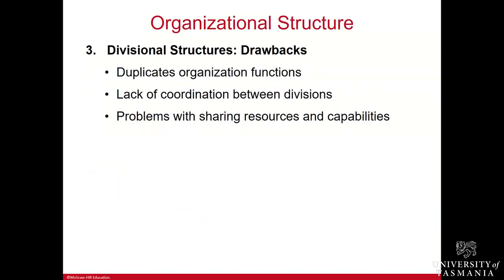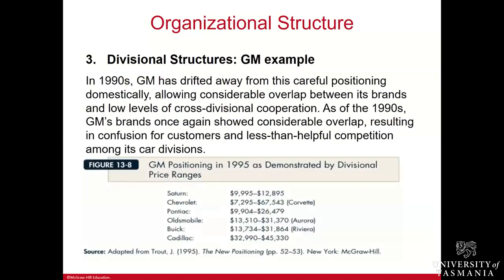And there are some drawbacks in divisional structure as we listed for the other models as well. It duplicates organization functions. Then it can be costly. And lack of coordination between divisions. As we got from the General Motors example, there is a lack of coordination here because they lost the track.